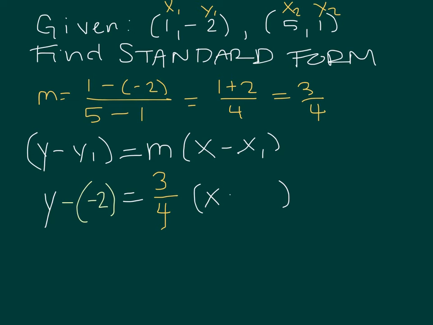And then over here I have 1. So I plugged in a -2 here, and a 1 right there. Now I'm just going to use my best simplification skills to clean this formula up a little bit. Applying a little distribution and combining signs, I get y plus 2 equals 3/4 x minus 3/4.